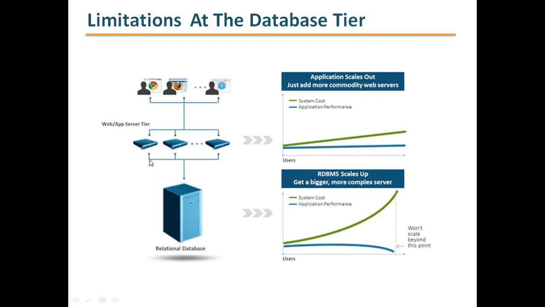We have different web servers or application servers, and clients for accessing them. Multiple users can access, and in the web application tier or server tier, we can have multiple web servers or application servers for scaling the applications.